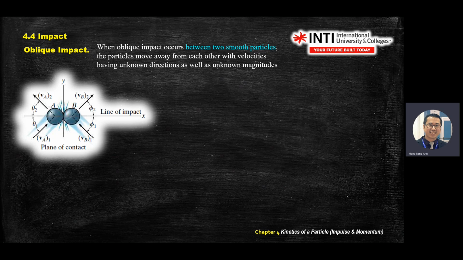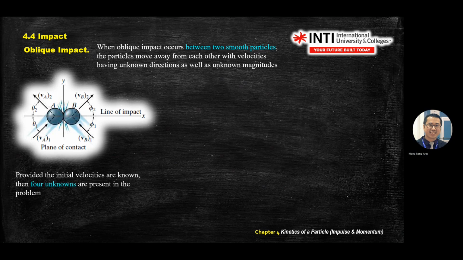And when you see the line of impact, or you see oblique impact, the word also tells you that you need to use the equation of principle of impulse and momentum. Meaning you break this equation of impulse and momentum into x-axis, y-axis for one body. If you see 2 bodies, it means you have 4 equations. Make sense? Okay.